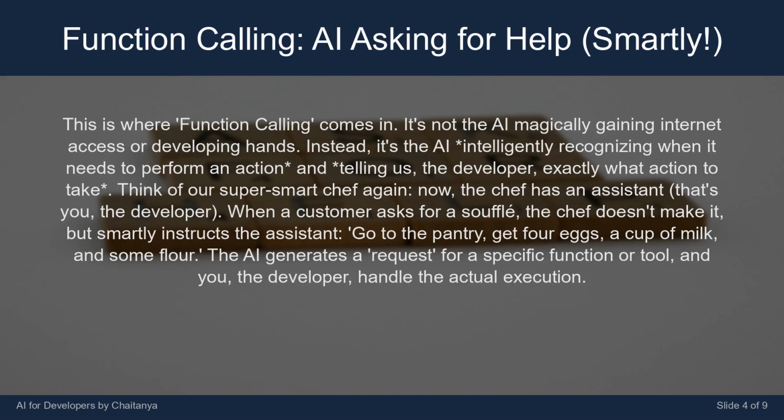That's you, the developer. When a customer asks for a souffle, the chef doesn't make it, but smartly instructs the assistant: go to the pantry, get 4 eggs, a cup of milk, and some flour. The AI generates a request for a specific function or tool. And you, the developer, handle the actual execution.